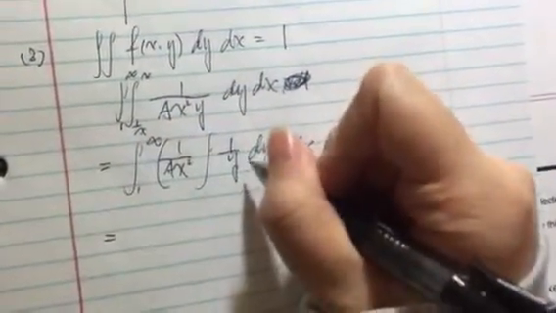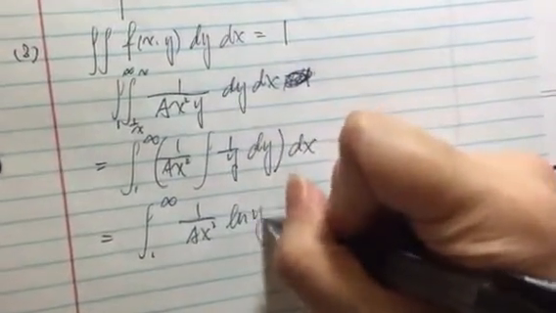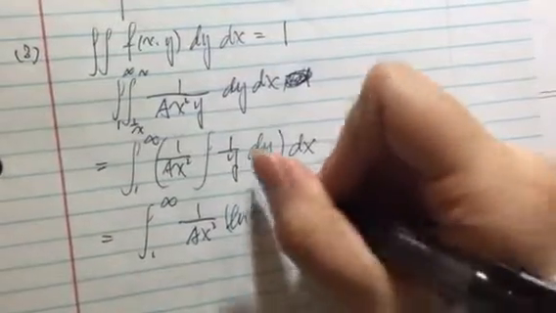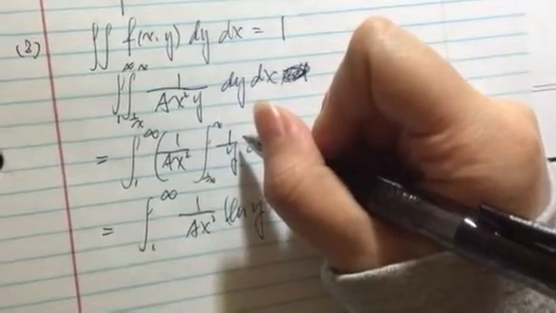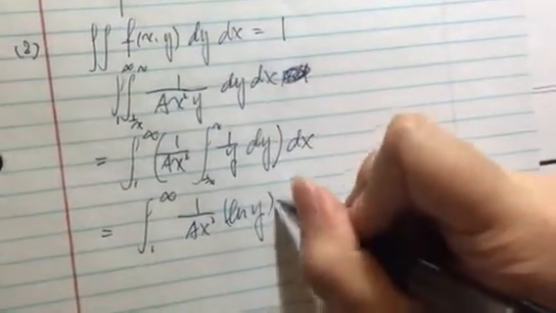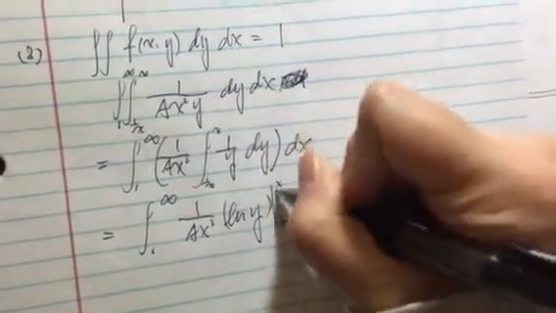The integral of 1 over y dy is just the natural log of y. So we have the constant times natural log y from 1 over x to x dx.